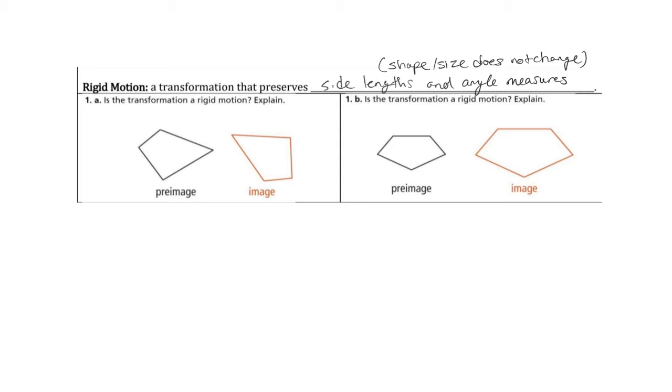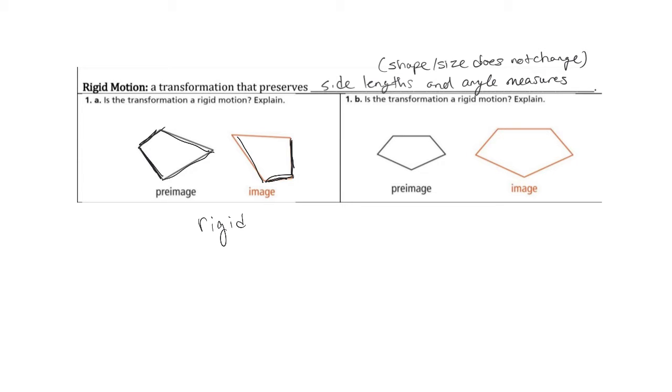You can see down here there's a picture of a preimage and an image, where A is a rigid motion. This is rigid because it kept the same side lengths. This side right here ended up moving to this side, and this side right here moved to this side.